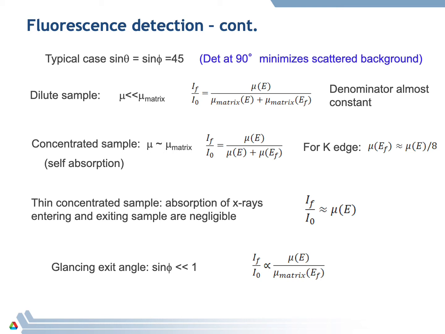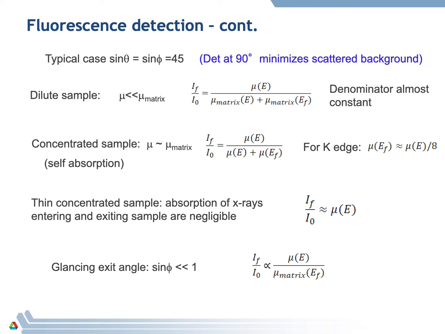If we have a concentrated sample, however, now mu is almost the same as mu of the matrix. For example, if we had a foil, they'd be the same. And so we have mu over mu here with this other term. And this other term is actually fairly small compared to the total mu. So these two terms will almost cancel, and you'd find that there's very small XAFS in the spectrum. This is called self-absorption.